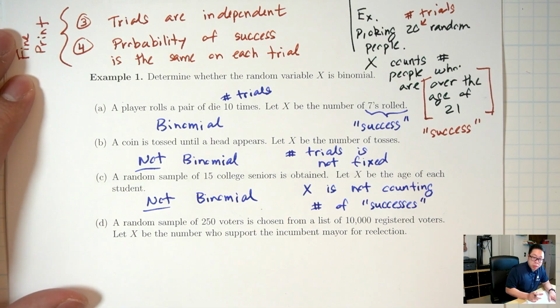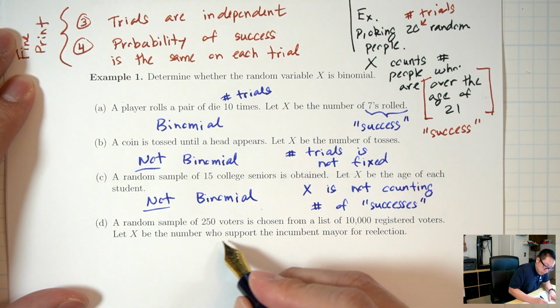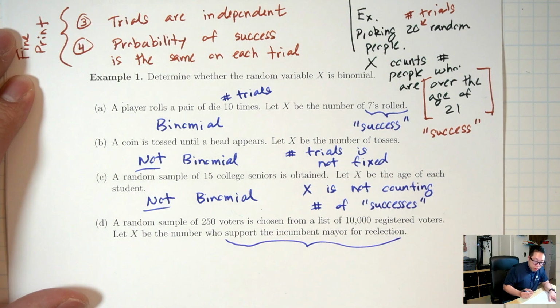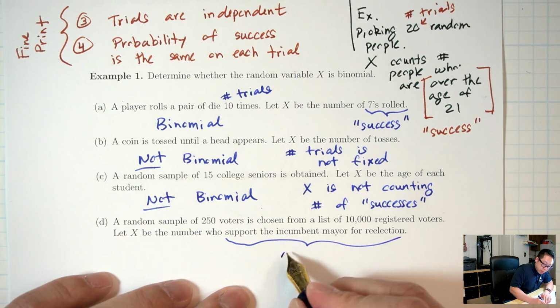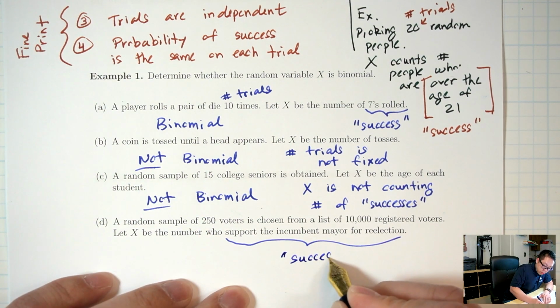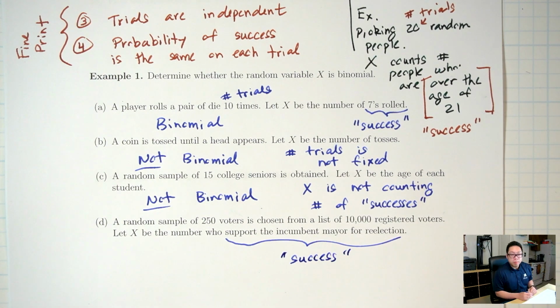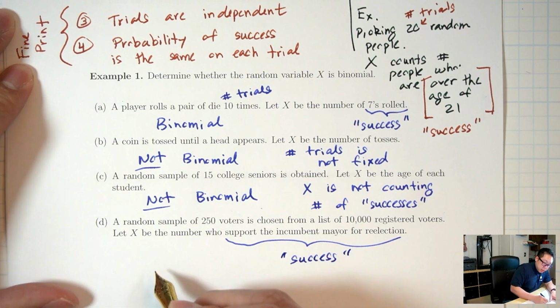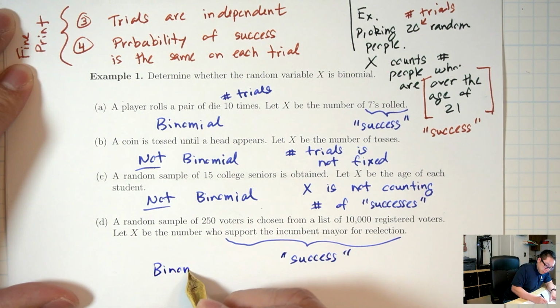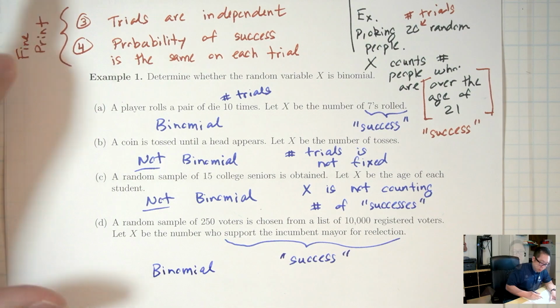So that's the characteristic that we're counting. Supporting the mayor here is what's considered our success. So X here is counting the number of successes. So part D is binomial.